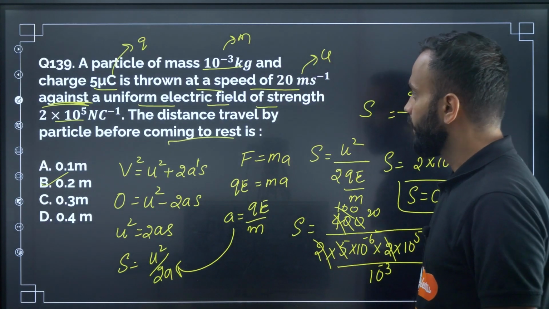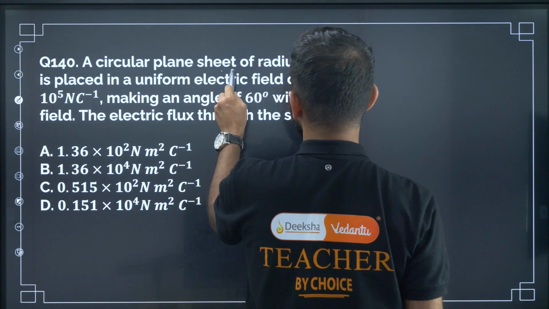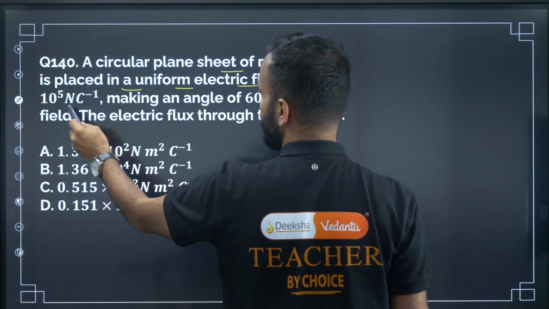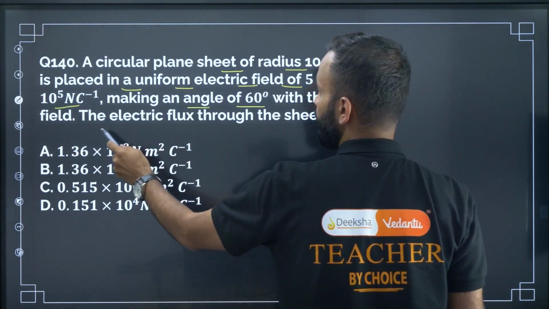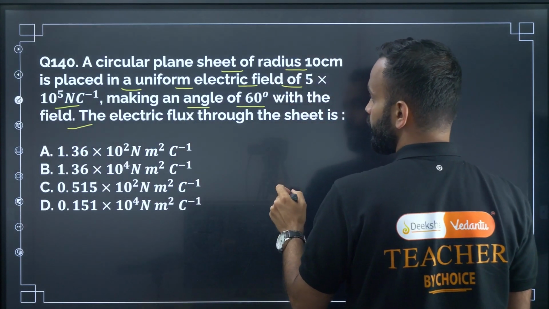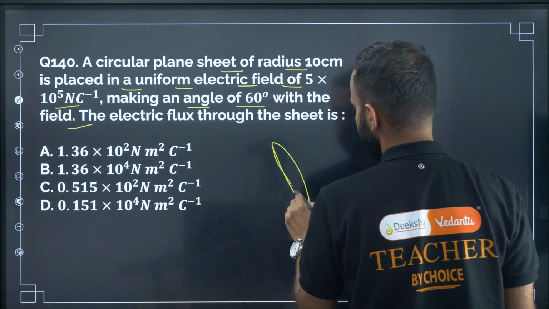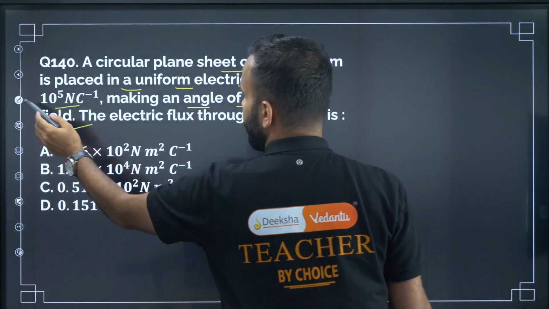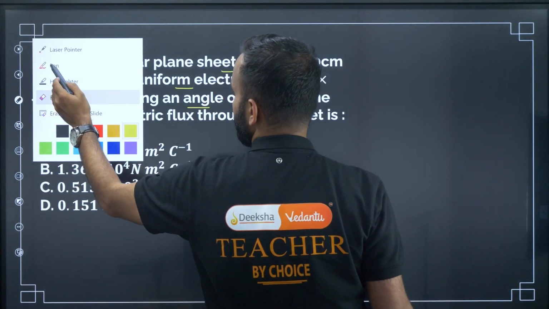Next question, question number 140. A circular plane sheet of radius 10 cm is placed in a uniform electric field of 5 into 10 to the power 5 Newton per coulomb, making an angle of 60 degree with the field. Here this is the sheet, or I can draw it like this.